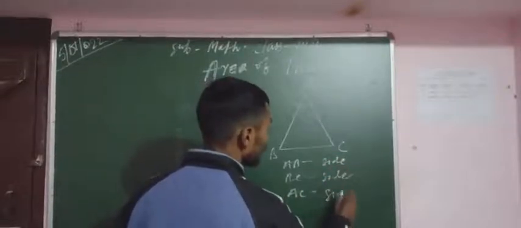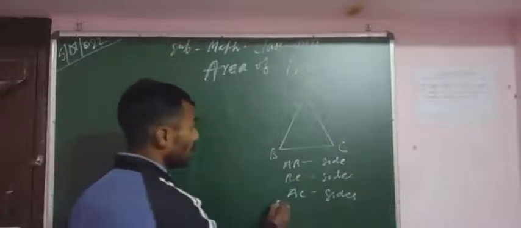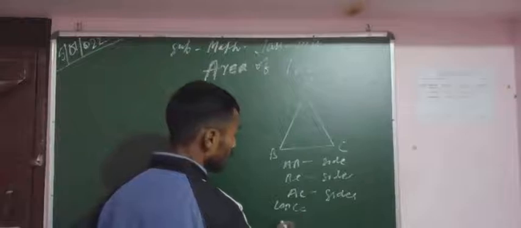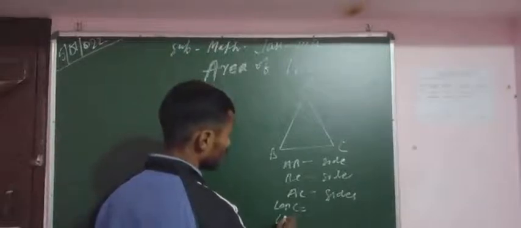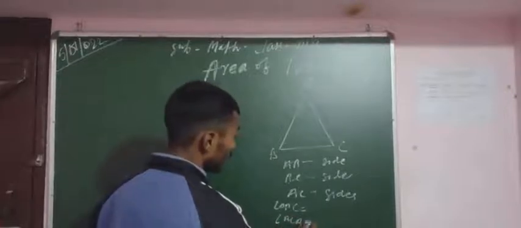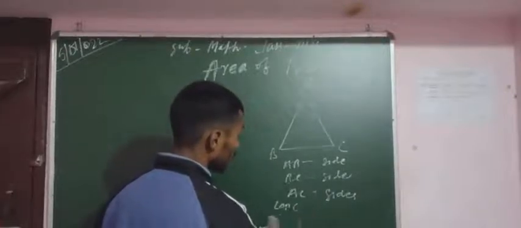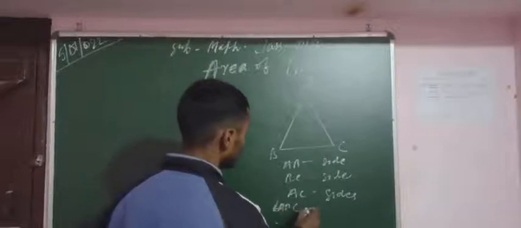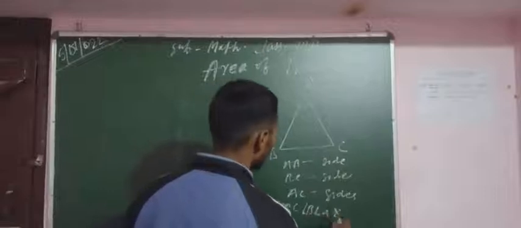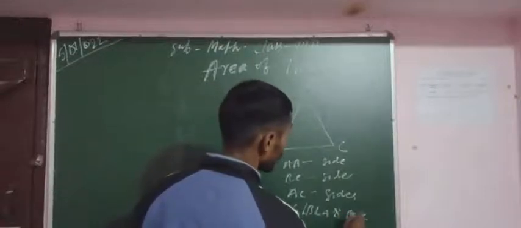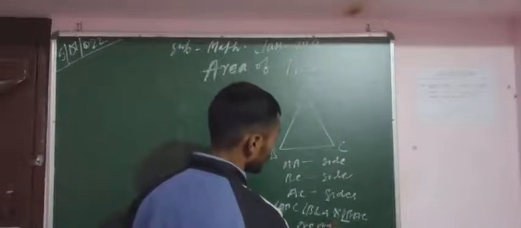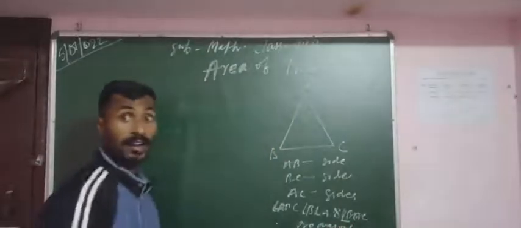Angle ABC, angle BCA and angle BAC are the angles of the triangle.